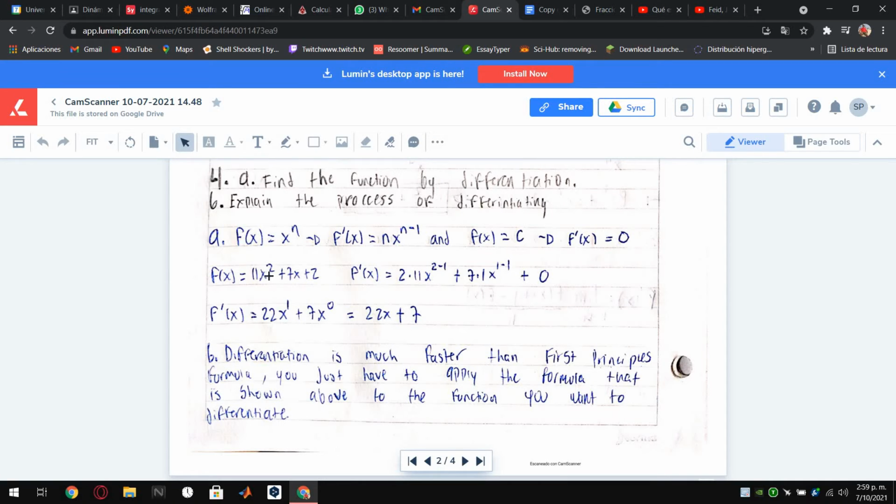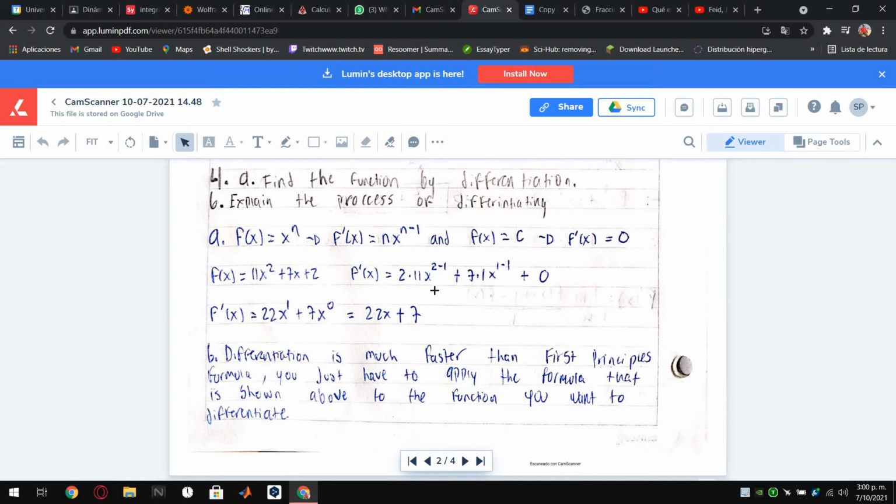So if we apply these formulas to the function that we had, if you apply that derivative to our first term, you have 2 that is the exponent multiplied by 11 times x to the power of n minus 1, that is 2 minus 1. Then you have 7 times 1 times x to the power of 1 minus 1, and that is x to the power of 0. And then you have the constant, the 2, and the derivative is 0 always.